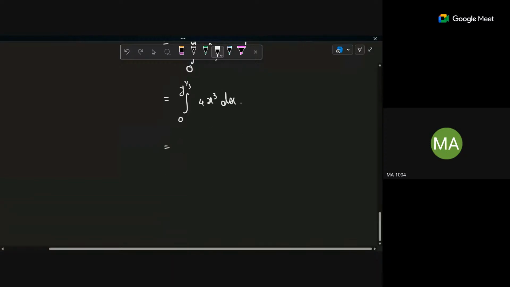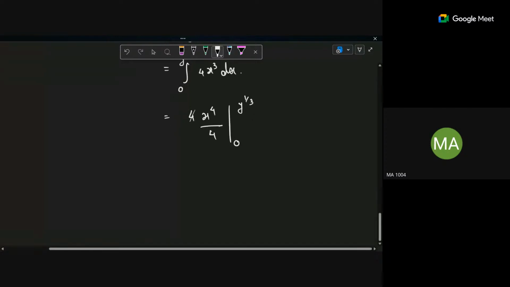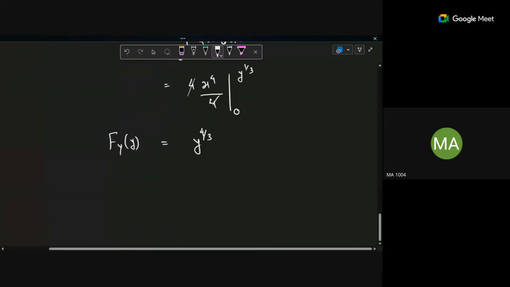So 4x cube integrated with respect to x, what will you get? 4 by 4, right? Y raised to the power 1 by 3, just put all this value, the 4 gets cancelled, and we will be left with y raised to the power 4 by 3. But don't forget, this is F_Y of y, that means the CDF of your y. But we are being asked to find the PDF. Then how will you get the PDF?